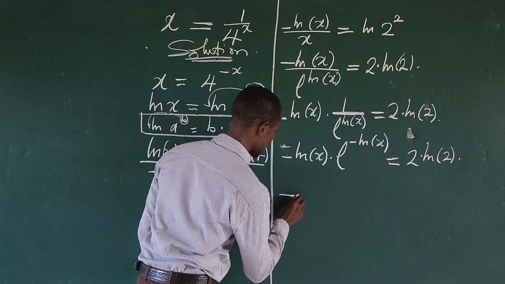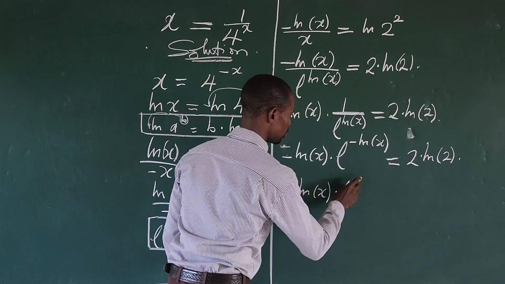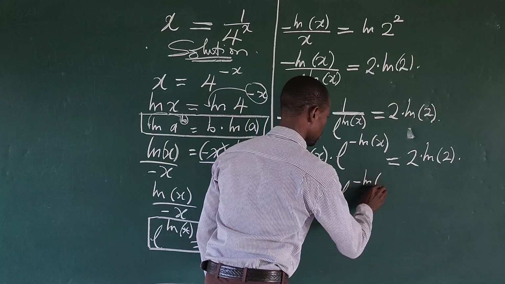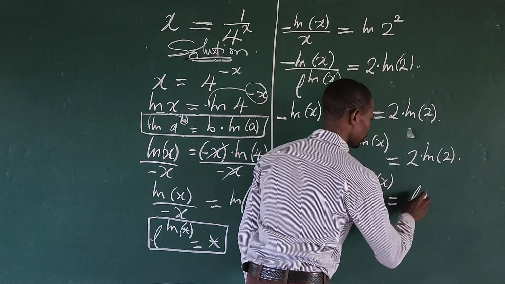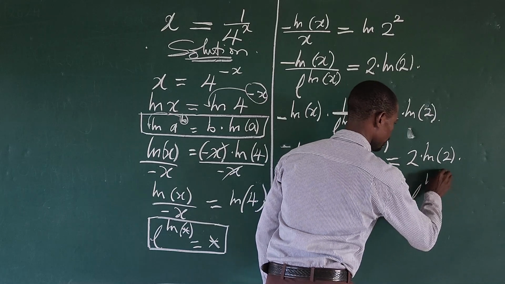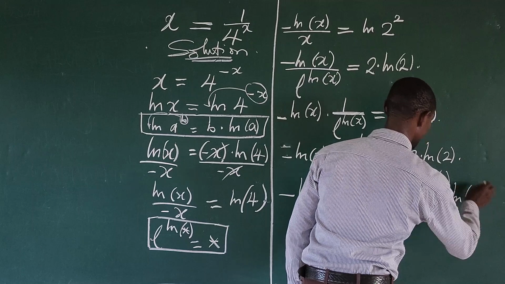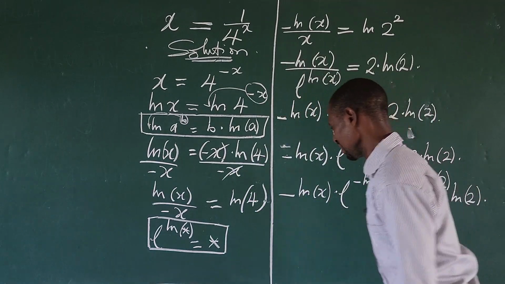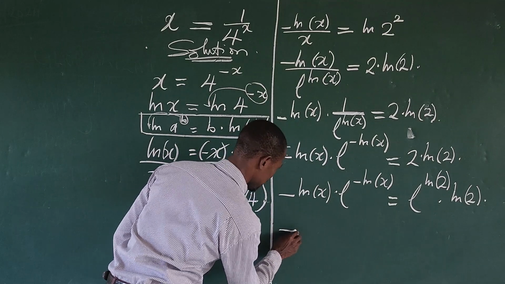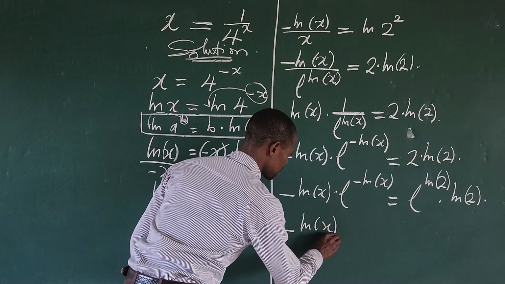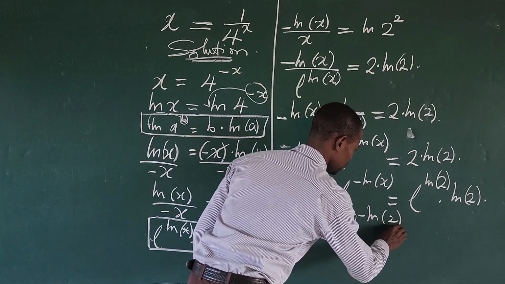Okay, so let's rewrite this side. This is going to give us minus ln of x times e to the power of minus ln of x.